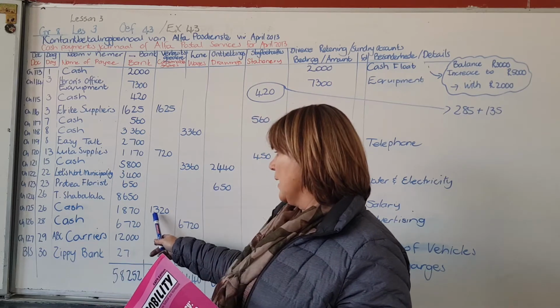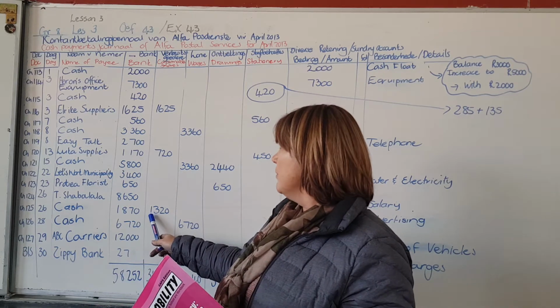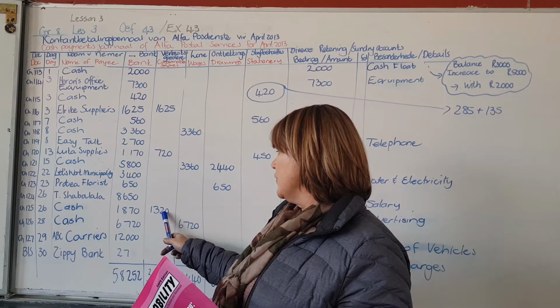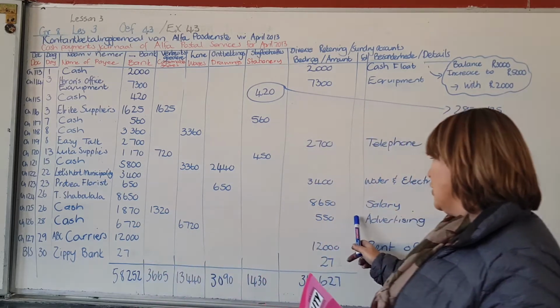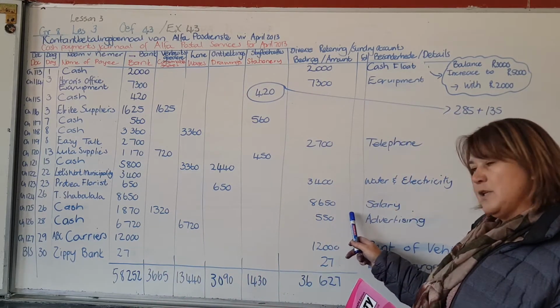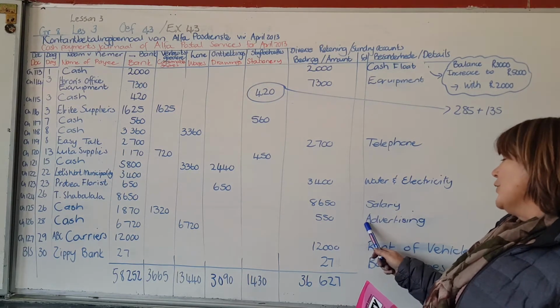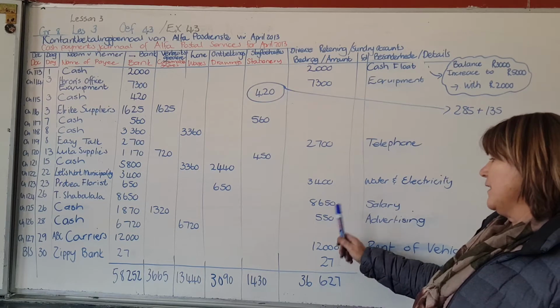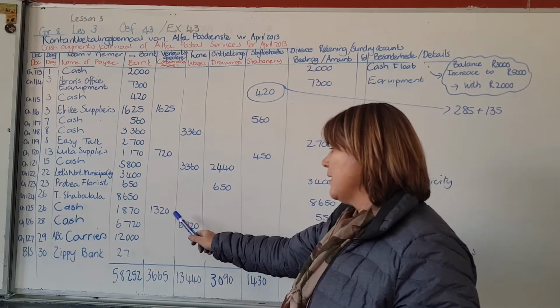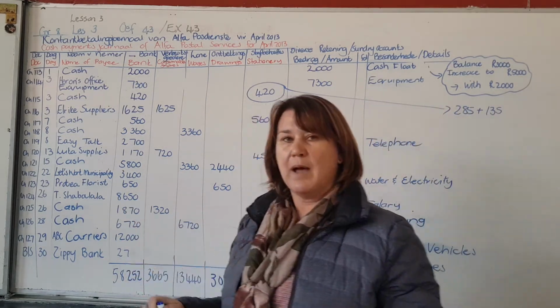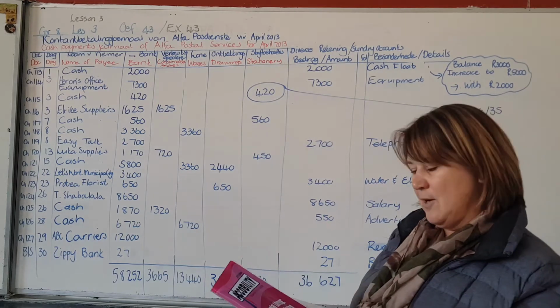What did you buy? You bought consumable stores for 1320, and you did advertising in a newspaper. So advertising 550. Then you have to calculate these together to get your bank amount of 1870.